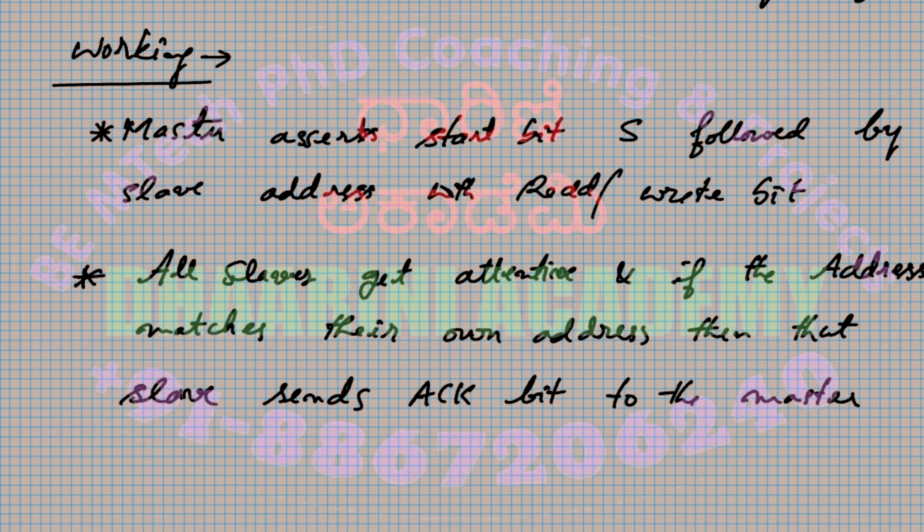So what happens in such a case? The master asserts the stop bit to stop the communication, because there is some confusion. The address which I sent does not exist, so I want to stop the communication at the given moment. I will reinitiate it later after checking the proper address. Right? That's the meaning.